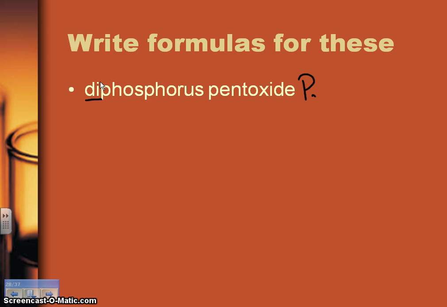Now, to go opposite from the name to the formula, it's very easy. Diphosphorus pentoxide, we have di, so we know that we need the subscript of 2, and we have the element phosphorus. So P2.